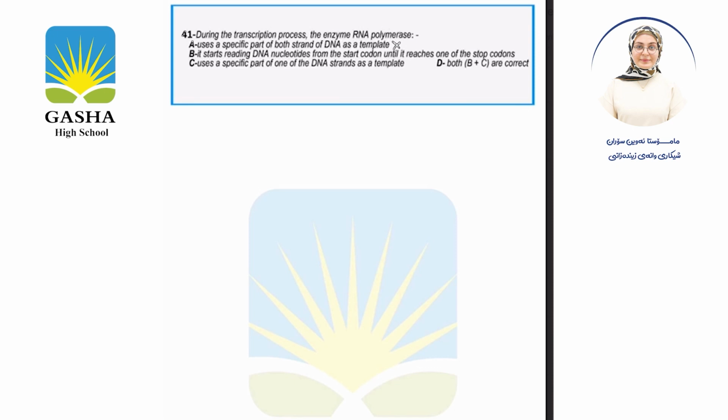This is also false. C, use a specific part of one of the DNA strands as a template. Yes, it uses only a specific part of one DNA strand as a template. This one is true. D, B and C. No, it's not, because B is false. So the most true answer is C.